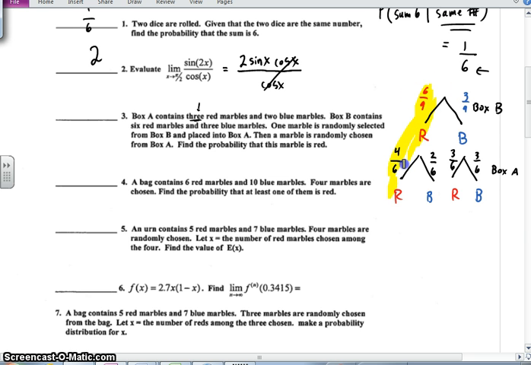That means I either got a red and a red, or I got a blue and a red. We could have probably jumped straight to that without using this whole tree diagram, but I just wanted to show the tree diagram. So what's the probability of that? Well, we multiply. It would be 2/3 times 2/3 plus 1/3 times 1/2.